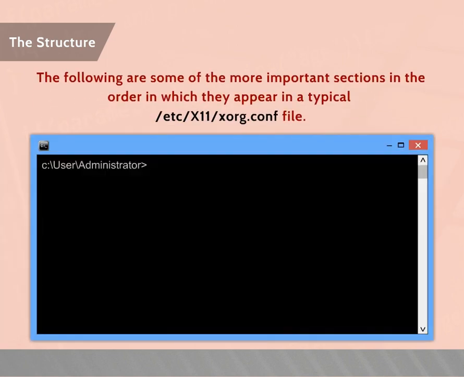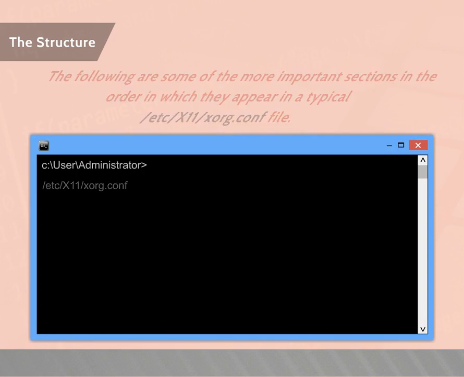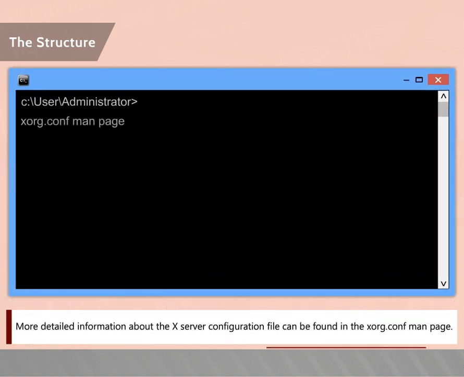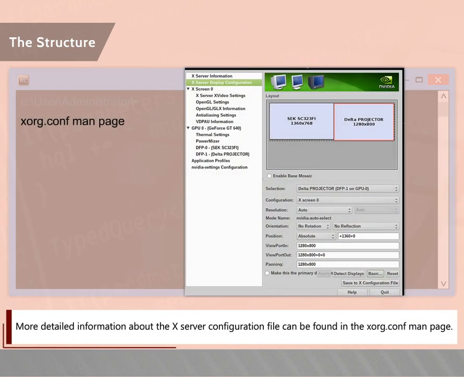The following are some of the more important sections in the order in which they appear in a typical /etc/X11/xorg.conf file. More detailed information about the X server configuration file can be found in the xorg.conf man page.